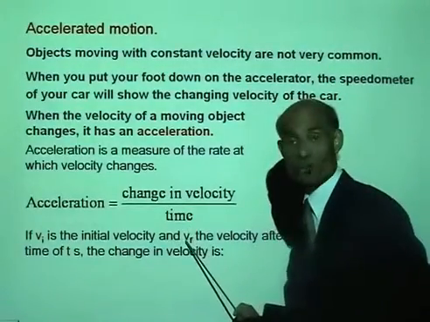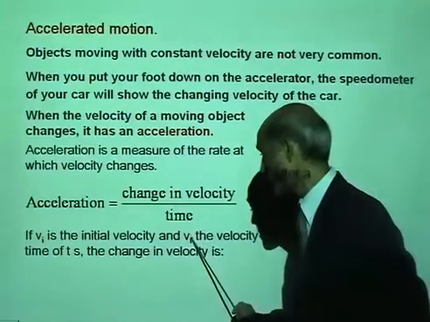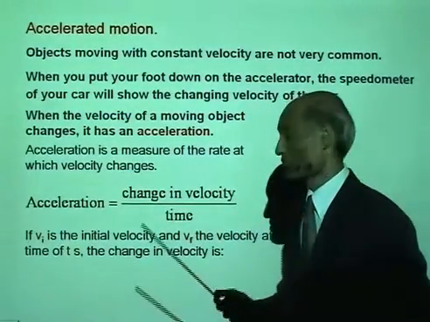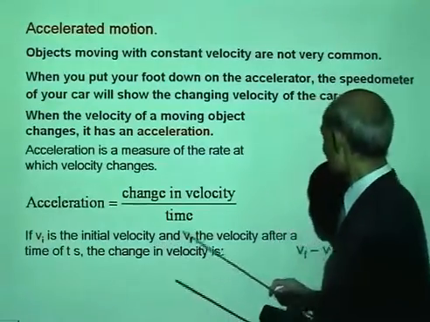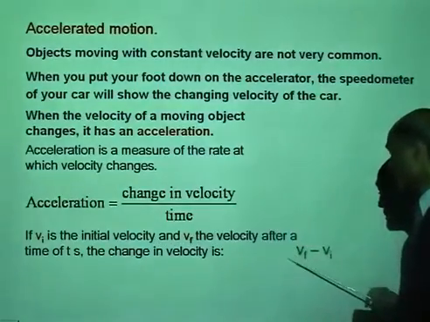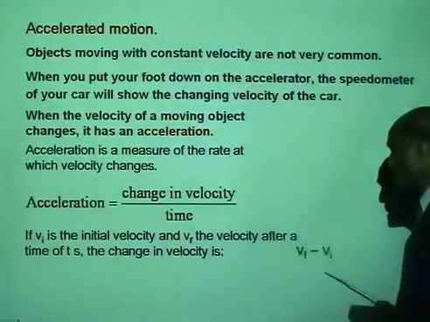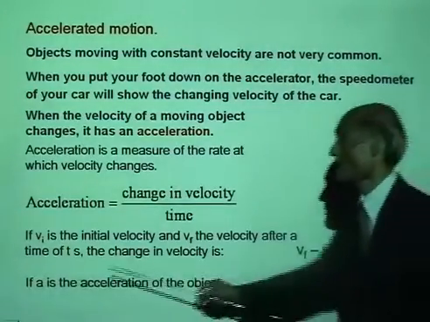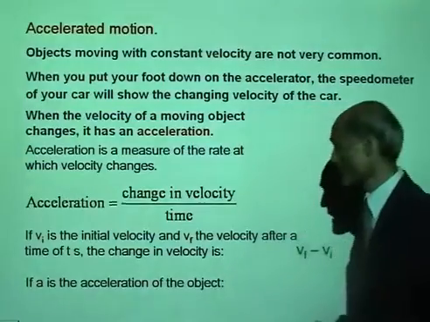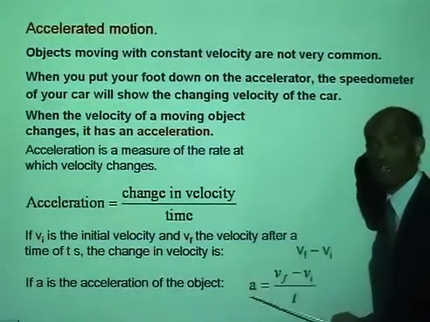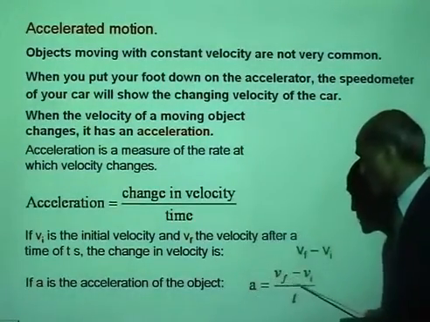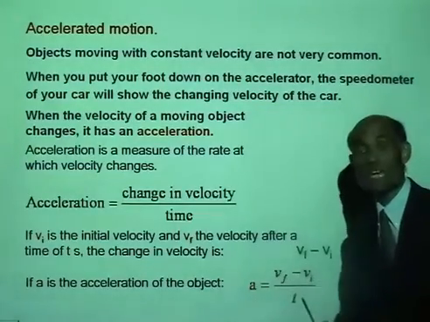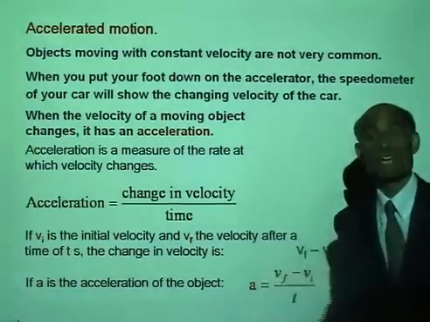The change in velocity is the final velocity minus the initial velocity. So, can you write what acceleration is? The change in velocity is Vf minus Vi, and therefore acceleration can be written as acceleration equal to change in velocity divided by the time taken for that change in velocity.